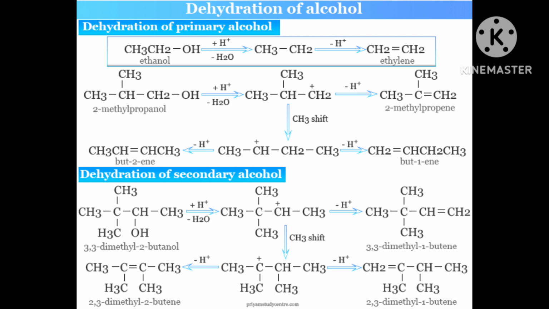Why? Here you can see two groups are there, just like XY, na? I told you XY and XZ can have isomers. XY on one carbon and XZ on the other carbon, X is common, correct? Then it will show isomers.